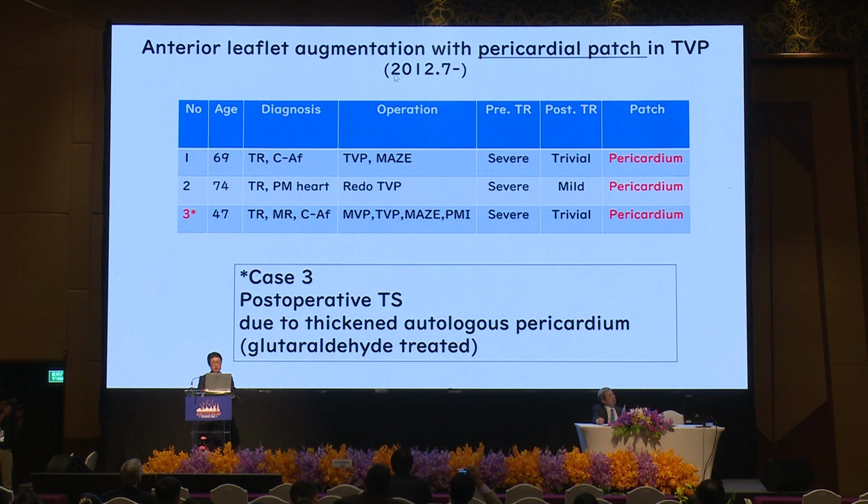I started to use this technique in 2012, and I did 3 cases using pericardium to enlarge the anterior leaflet. But unfortunately, case 3 had a little trouble because the thickened autologous pericardium caused functional tricuspid stenosis. And this patient ended up on permanent hemodialysis to control the heart failure.